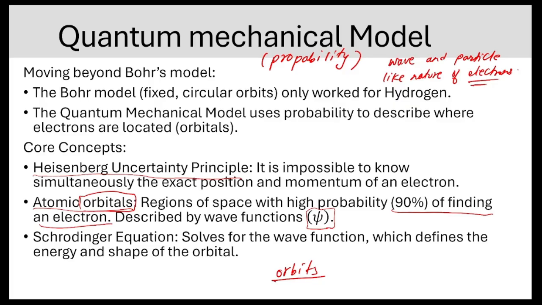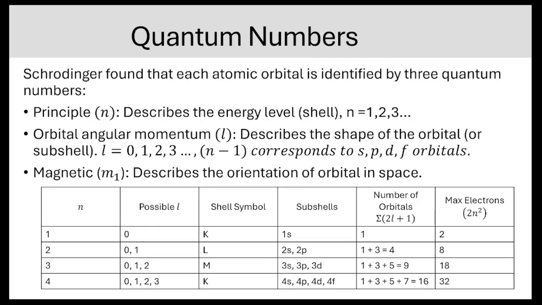If we solve Schrodinger's equation, naturally we will get a set of numbers as a result, and these numbers are like the address of electrons.